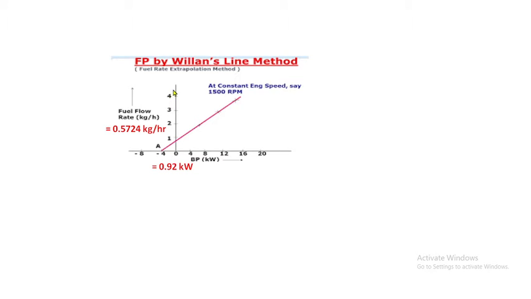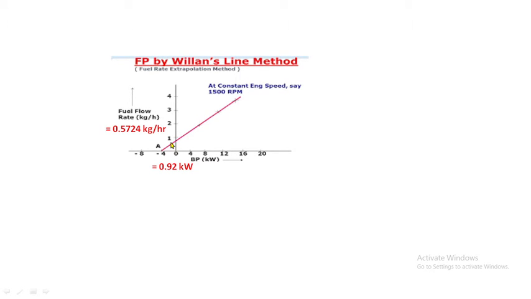In the case of the y-axis, we can go for 0.5724. You can check the consecutive readings, the fuel consumption values at 50% load, 75% and 100%. After checking this, you can check the range of values. It may be like 0.25, 0.5, 0.75 or 0.5, 1, 1.5 like that. After plotting the graph using these x and y values, brake power and fuel consumption, you can extend the graph through that point.